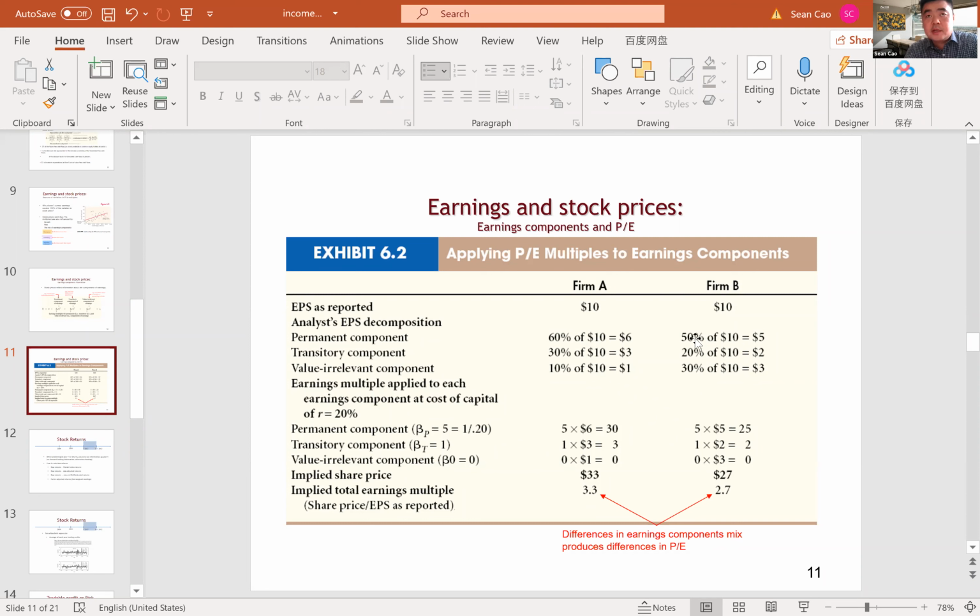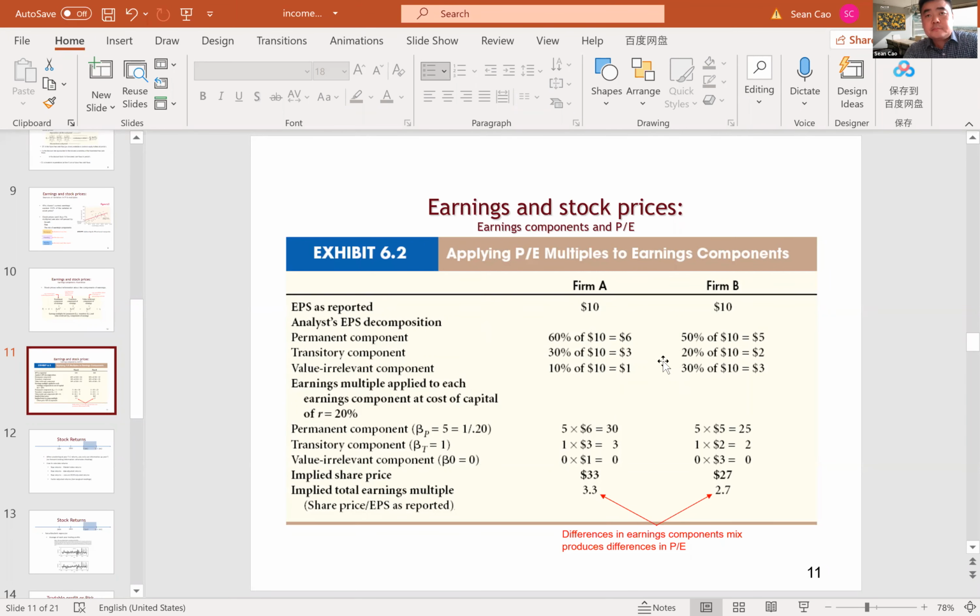Which one would you prefer? We will choose A, right? Because this is healthier. What you guys do in the project is make sure company A has more impact on stock price compared to company B.